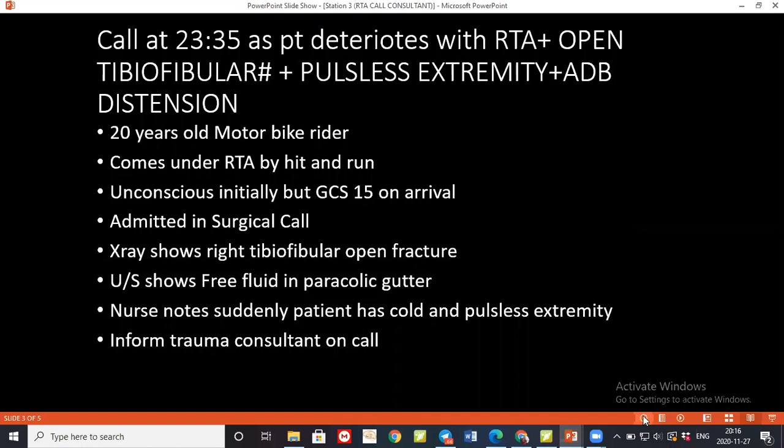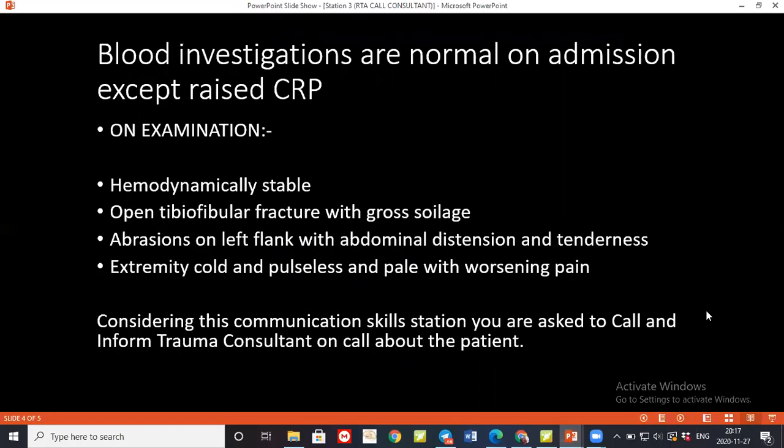However, we will not manipulate the wound, and we would like to arrange a duplex scan Doppler to rule out the vascular injury. And as the patient has a fracture, we would like to put a Thomas splint and traction. That would be in consultation with the orthopedician. So we'll try to stabilize the fracture. We'll do these investigations, Doppler, to rule out the vascular injury, and do the primary survey and continue the resuscitation from our side.